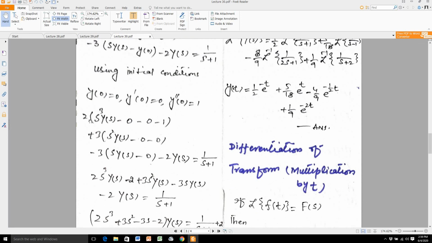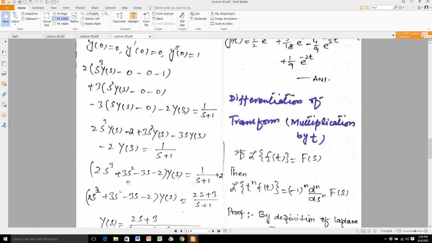When I open this, I get 2 s cube capital Y of s minus 2 plus 3 s square capital Y of s minus 3 s capital Y of s minus 2 capital Y of s is equal to 1 over s plus 1. When I collect the common terms in which Y of s is common, I get 2s cube plus 3s square minus 3s minus 2, into capital Y of s, is equal to 1 over s plus 1, and I take this negative 2 towards the right.